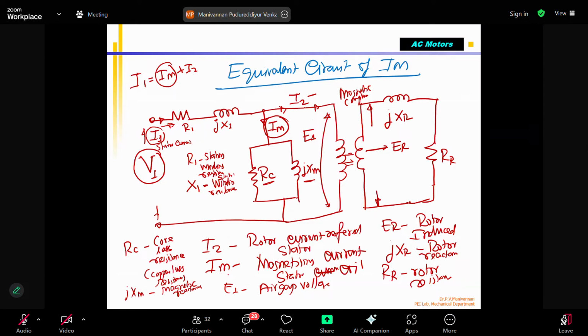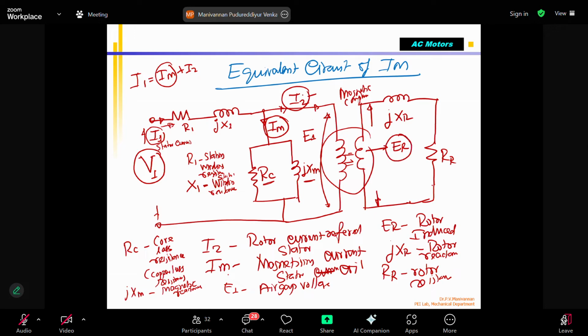Now, the other part is I2. I2 is nothing but the rotor current, which is supplied from the stator to the rotor by magnetic coupling. The magnetic flux between the coils is transferred to the rotor, and because of that there is an induced voltage.